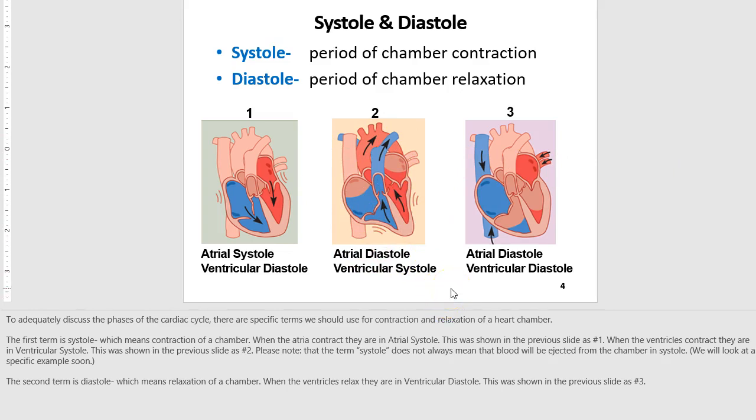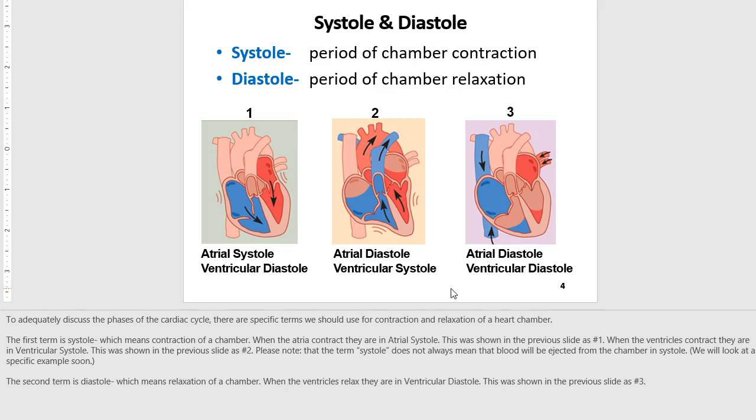Please note, though, that the term systole does not always mean that blood will be ejected from a chamber. We're going to look at a specific example soon of when a chamber is in systole, but the blood doesn't actually move. So the chamber's contracted, but there's not enough force to move the blood. So that's systole. The second term is diastole.